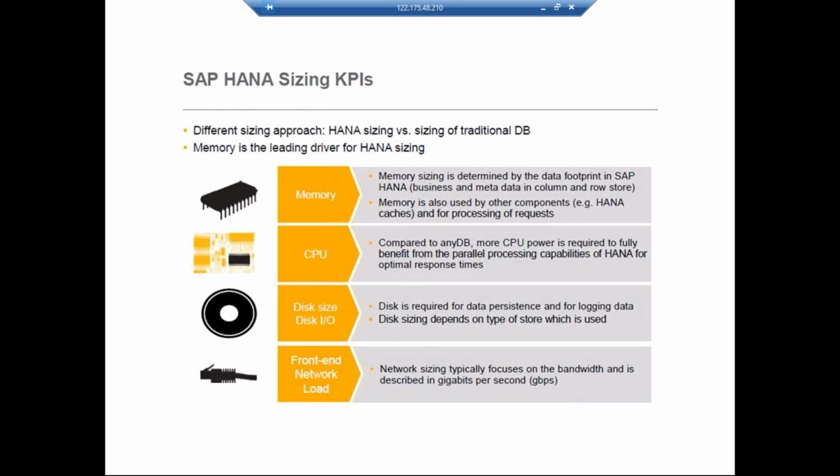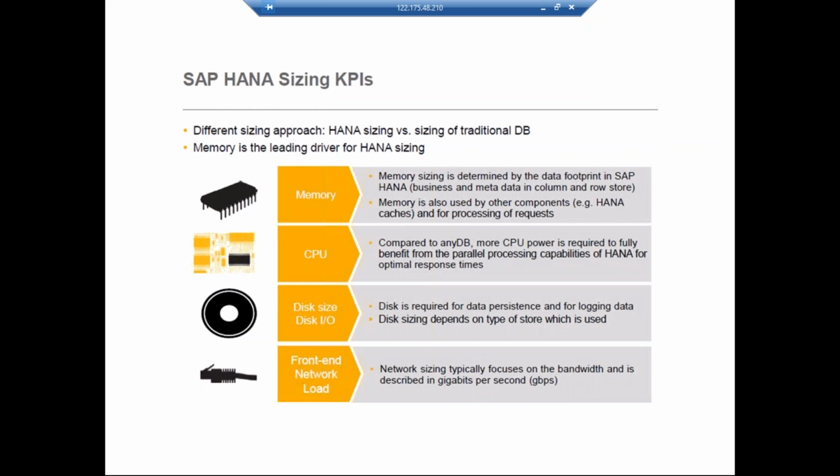But apart from that, you have those standard KPIs, the key performance indicators: memory, CPU, disk, and the network. All these play a vital role. It's very important for you to take care of all these things. You need to identify the right kind of memory required.